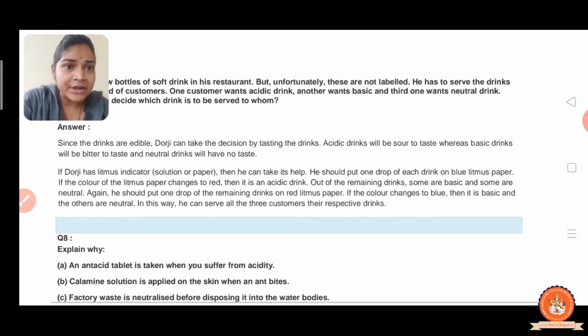How can he identify? Again he should put a drop of the remaining drinks on the red litmus paper. If the color turns blue, it means it is basic in nature. The other remaining one is obviously neutral. So this way he can identify, right?